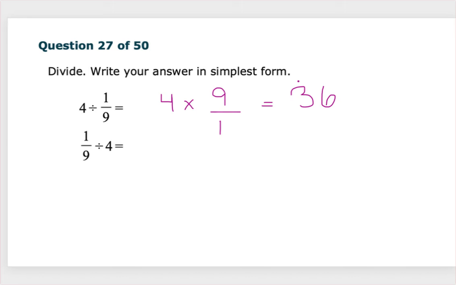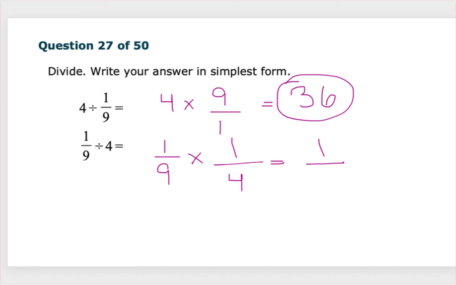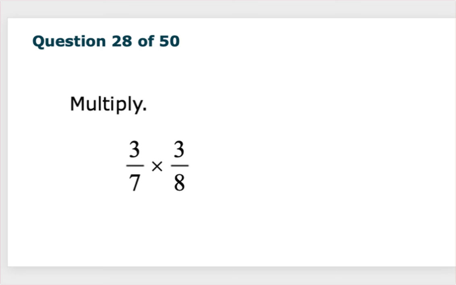Okay, so the top one is 36. 1/9 divided by 4 is 1/9 times 1/4, which is 1/36. So, maybe that would be a good way to show that division is not commutative. We cannot change the way we do it. We don't get the same answer.